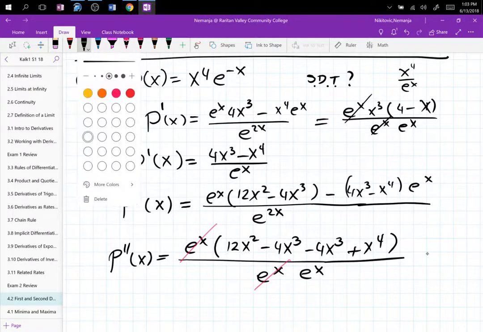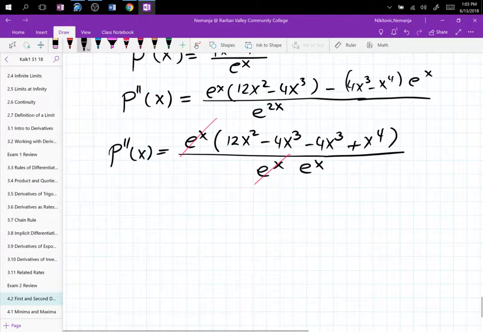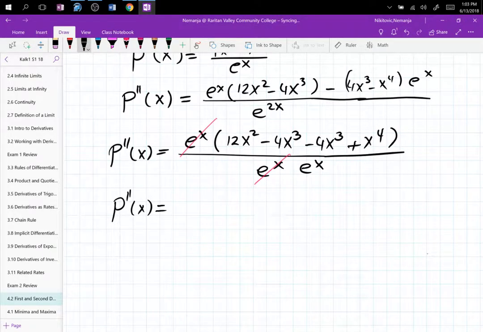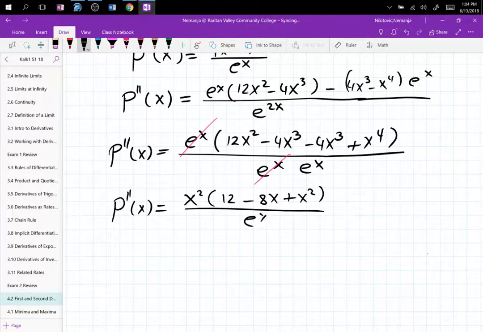There we go. Now, this is 8x. Okay, so what can I kick? I can kick x squared, right? That's it. I can kick x squared, and what's left is 12 minus 8x plus x squared divided by a single e to the x.